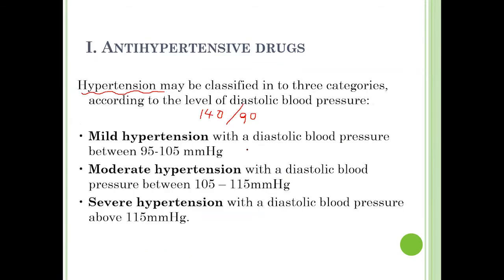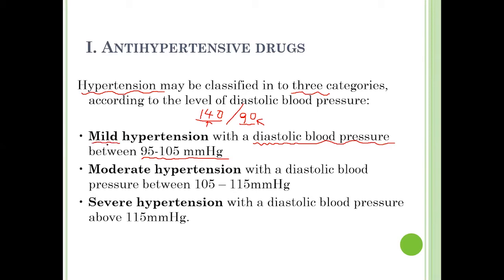So we separate it into 3 different levels here. We calculate by the diastolic blood pressure only. We do not calculate by the high number, we just calculate by the low number. So if this low number is between 95 and 105, certainly with the high part over 140, also including the 90 here, it is mild.